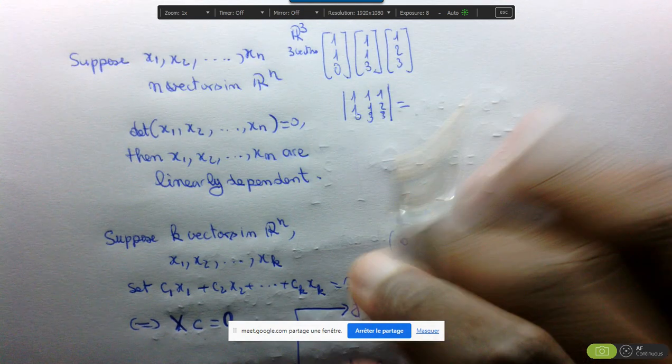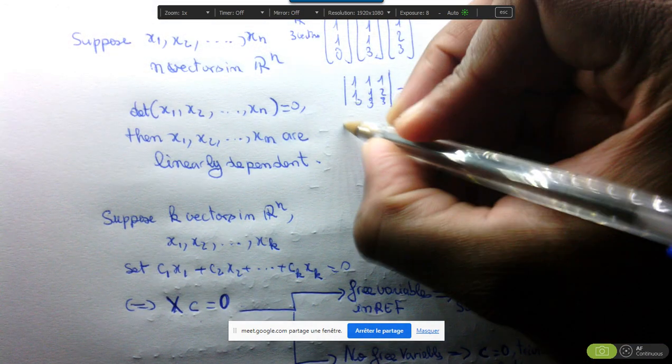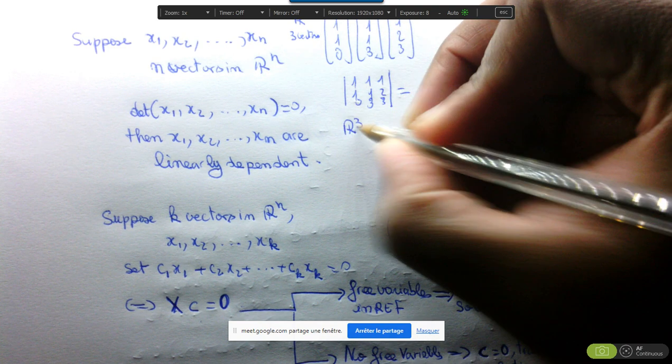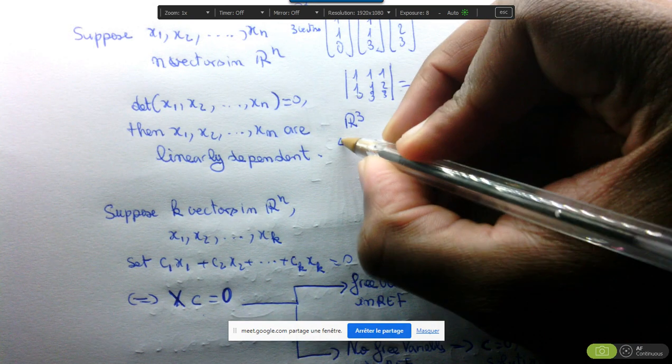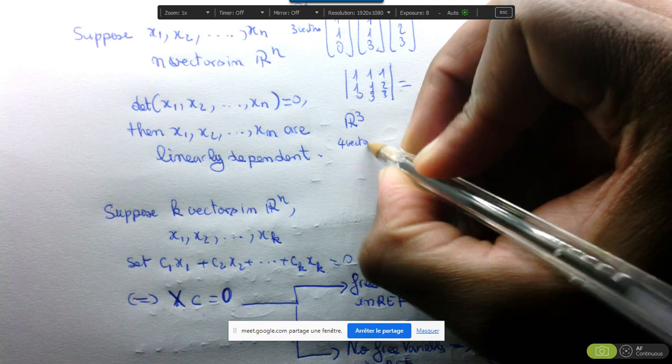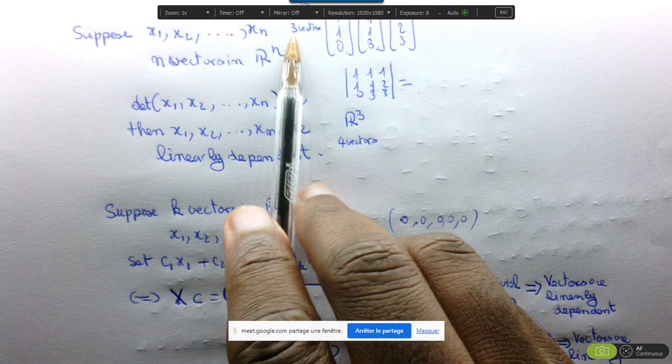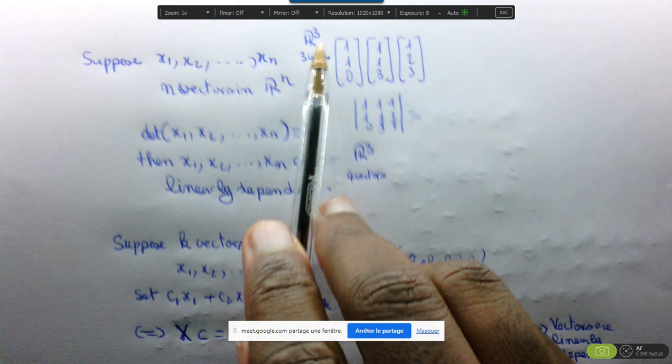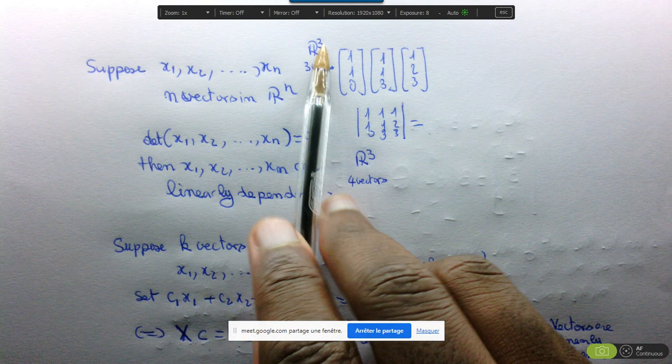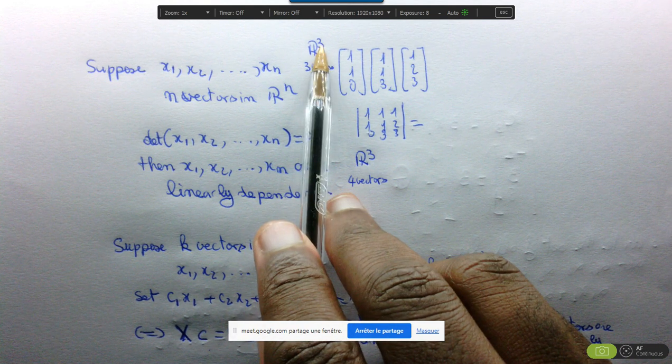Now suppose that I have, still in R3, 4 vectors. So now the number of vectors does not match the dimension of my space.